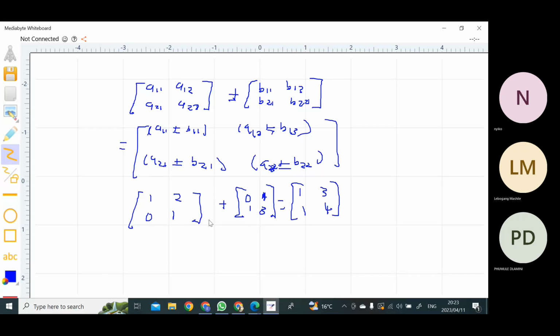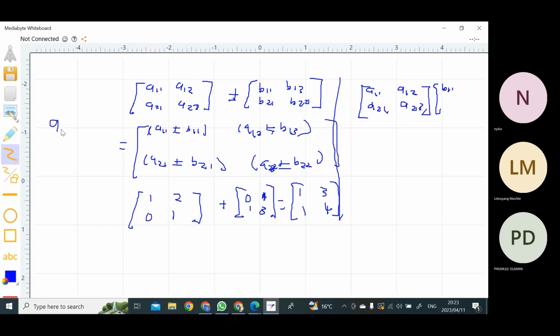Even for a matrix of 3 by 3, you use the same principles. So if you have, for example, a matrix whereby we are multiplying them, A11 and A12, A21 and A22, you are multiplying it with B11. Before I proceed, let me just write here.